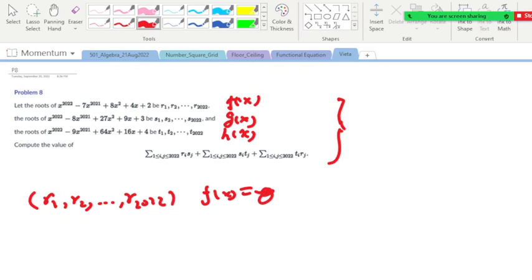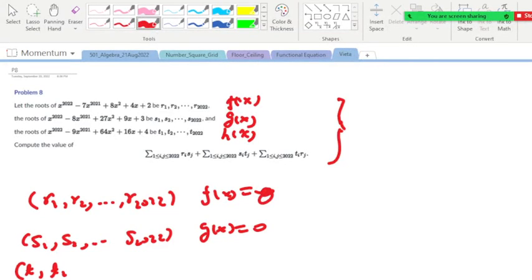Then we have another set of roots, s1, s2 to s2022, which are the roots of g(x), right? And the last one, we have t1, t2 to t2022, which are the roots of h(x), right?